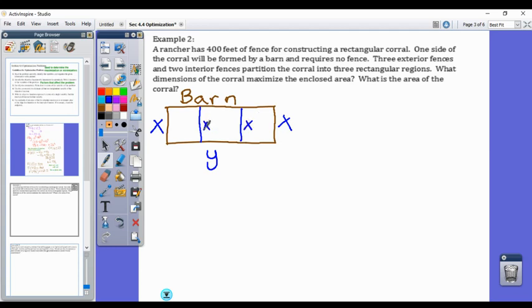Okay, so now it's time to organize my information. We have 400 feet of fencing, which means x plus x plus x plus x plus y has to be equal to 400 because that's how much fence I have. So 4x plus y equals 400.